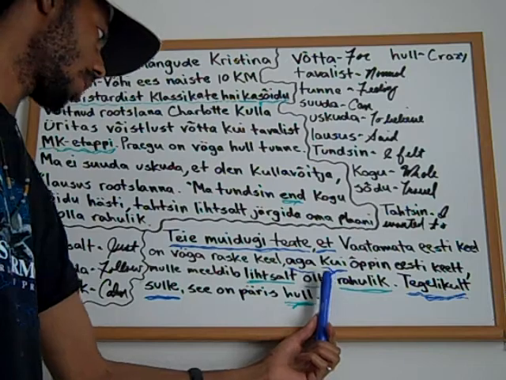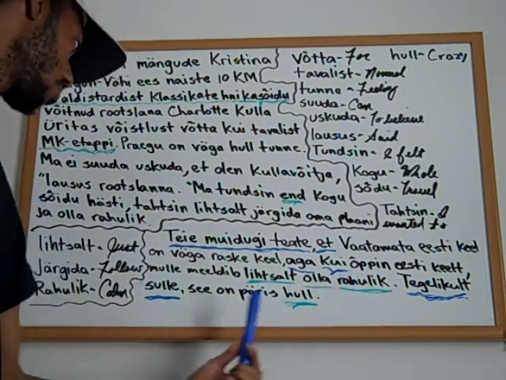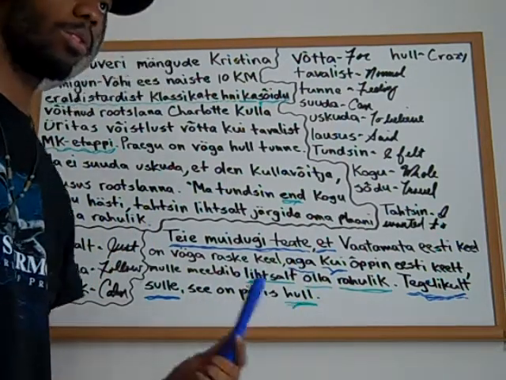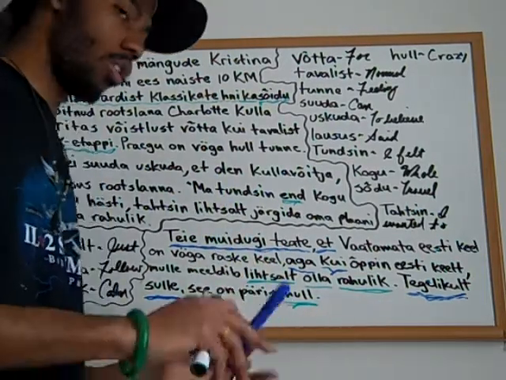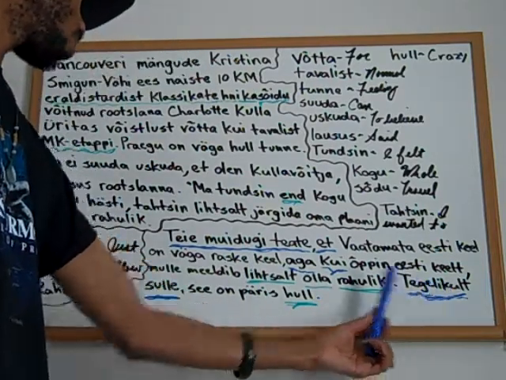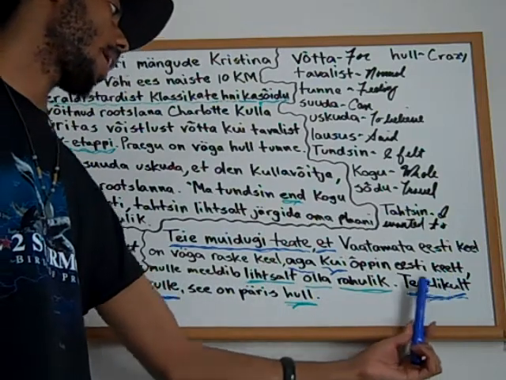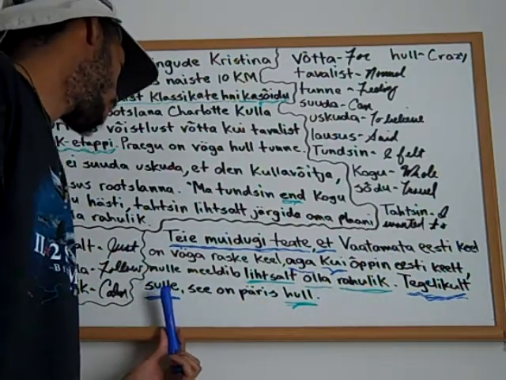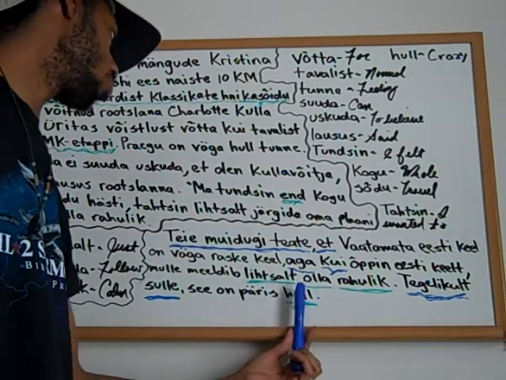I just like to be calm. That's what this says. So lihtsalt is from the text here, and olla rahulik is from the text as well. I just put it in my own context. The words you learn from the translation, you want to put them in your own context, using keywords. And then here, tegelikut sulle seon Paris hull. So tegelikut is perhaps or probably, and that's a keyword. Tegelikut sulle, to you guys, seon Paris hull.